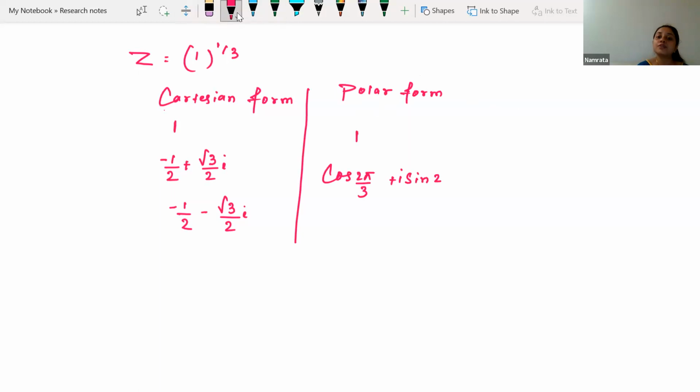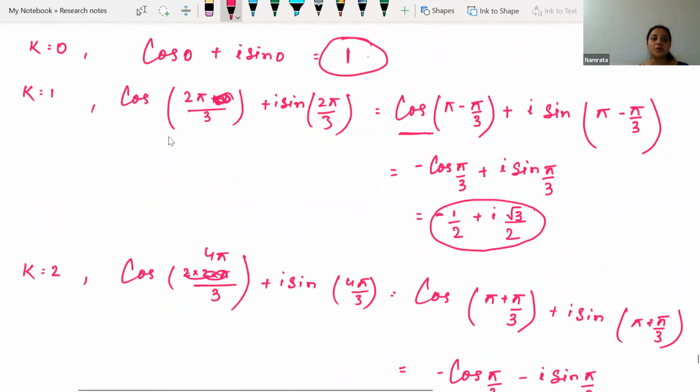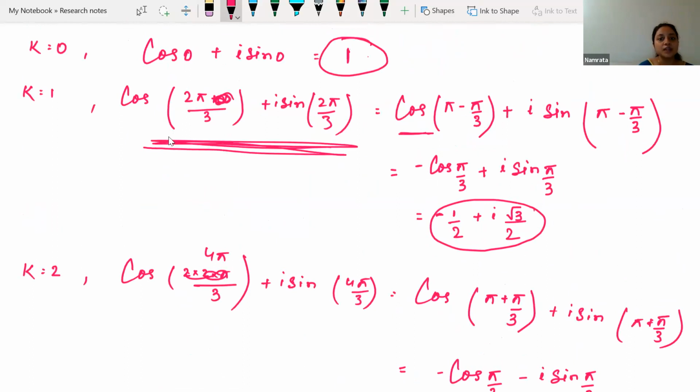If we had not solved this 2 pi by 3 and not found its value, that means we are keeping it in the form of cos and sine. And when cos and sine is there, that means it's polar form, right? Yes, ma'am. You can see it was in polar form over here, and we simplified it.